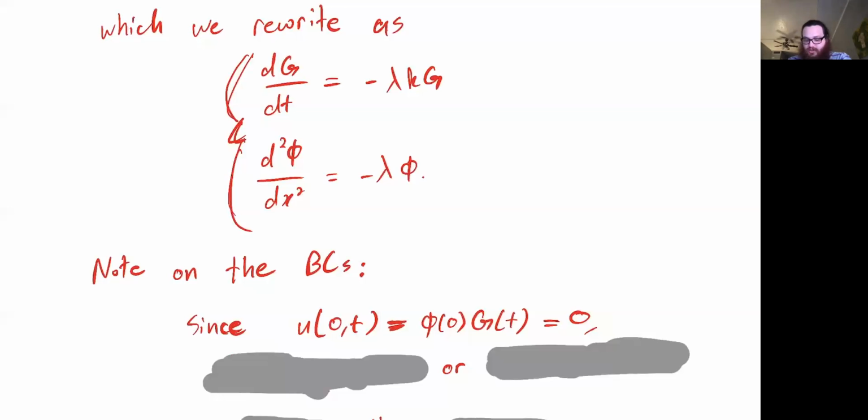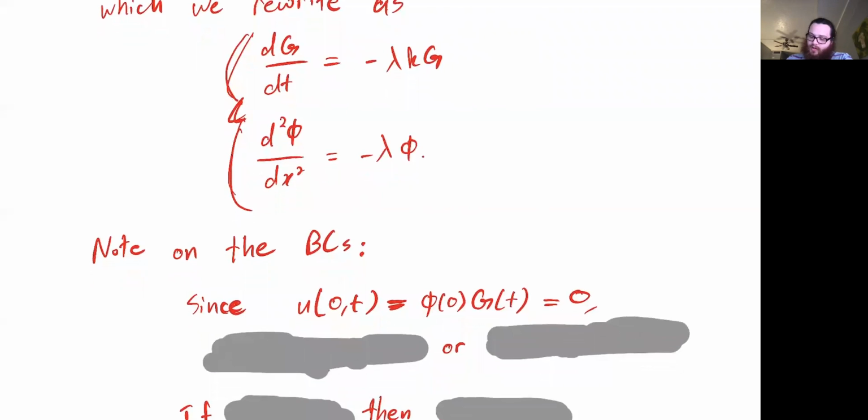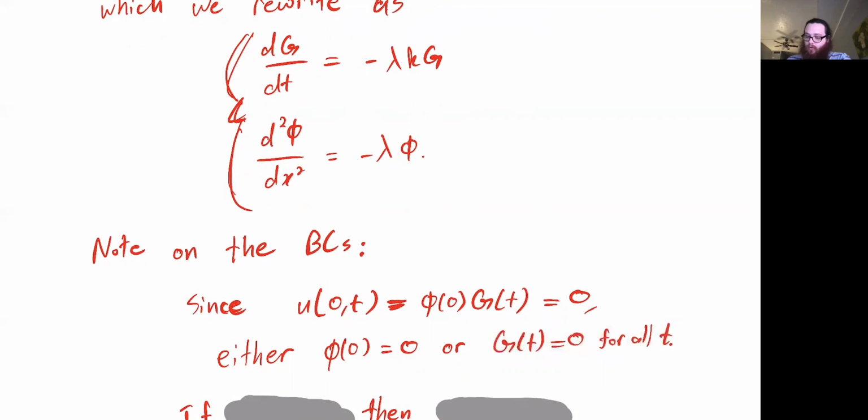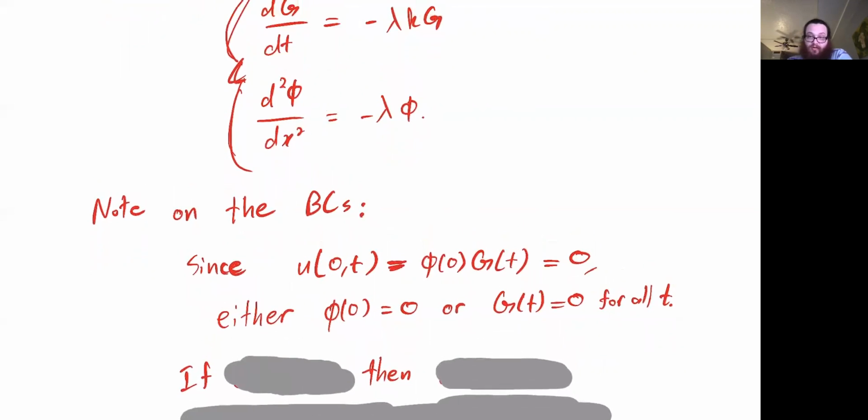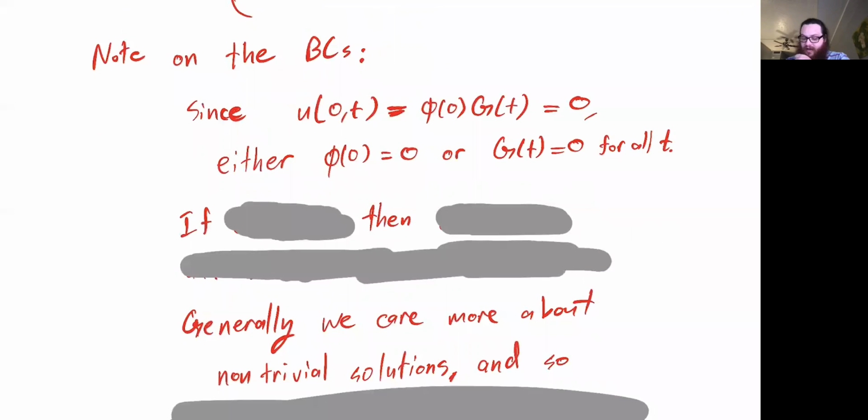And the boundary condition says that this is equal to 0. So what that tells us is that either phi of 0 is 0, or g of t is 0 for all t. And right now, either option can happen.